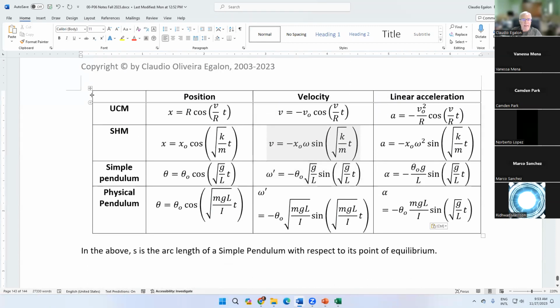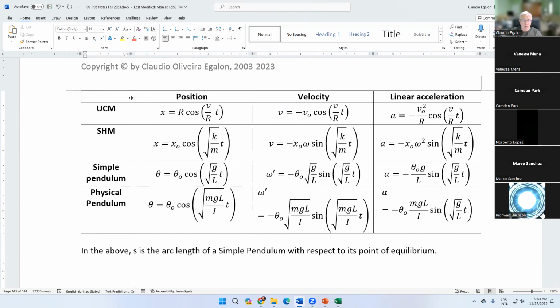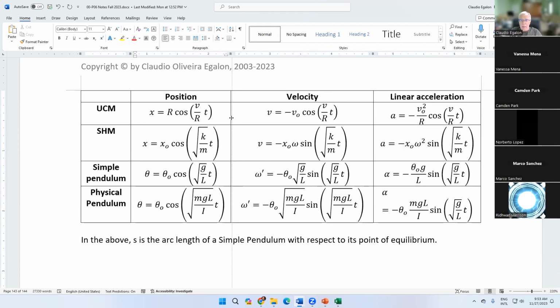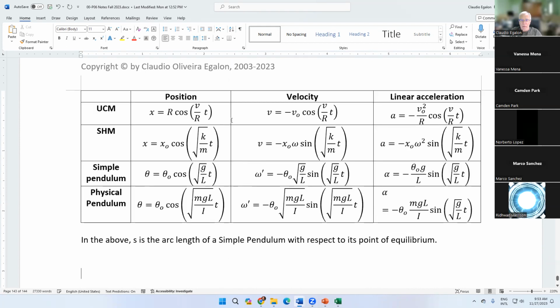So if you ever find a problem of a physical pendulum, you already know the result. You already know the equations of motion for the physical pendulum. It's almost the same, with the exception of the term that shows up in the argument of the sine and cosine.